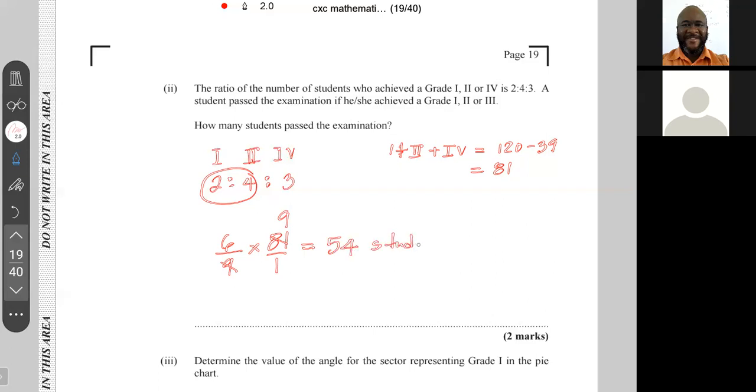So altogether, 54 students got grade 1 and 2. But what we are asked is how many students pass. So the number of students passing would be those who get 1 and 2, which is 54, plus those who get 3, which is 39.